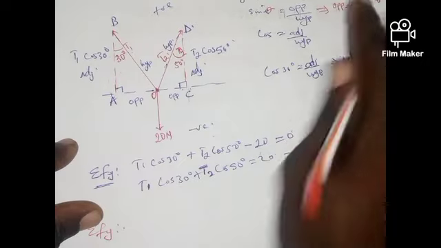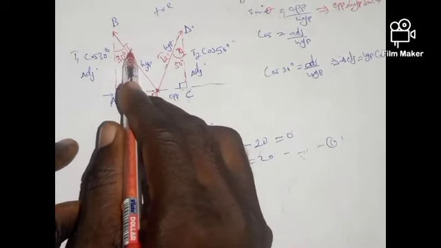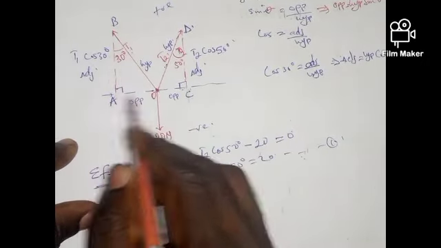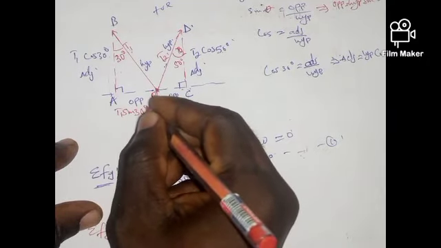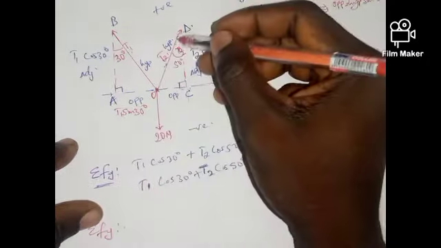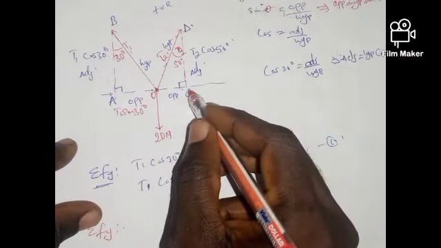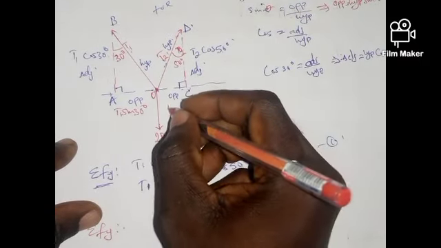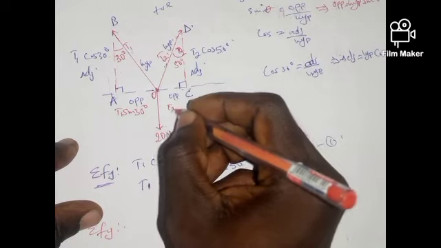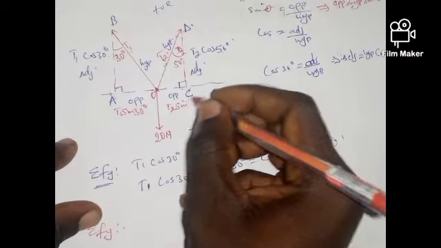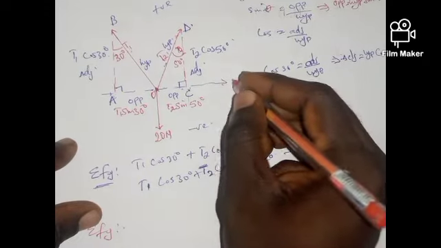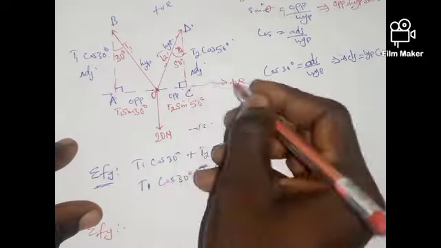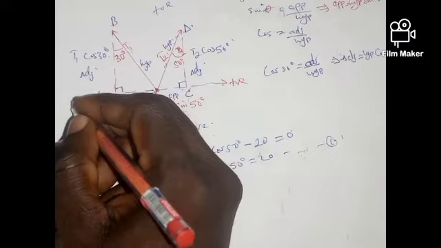So the component of this vector T1 in this direction is going to be T1 sine 30 degrees, and the component of this vector in the horizontal direction is going to be T2 sine 50 degrees.